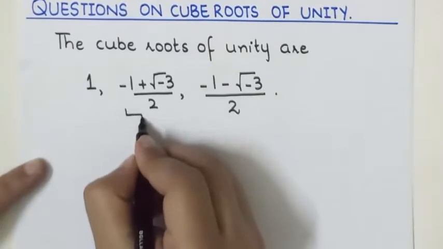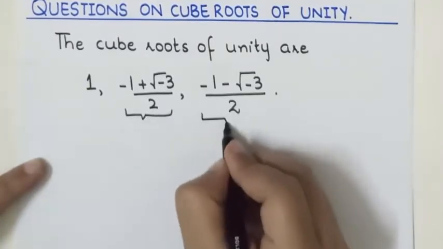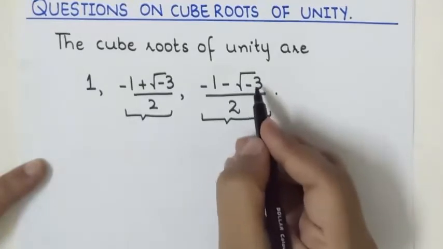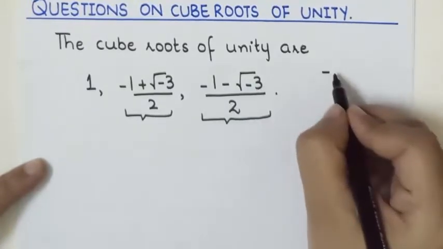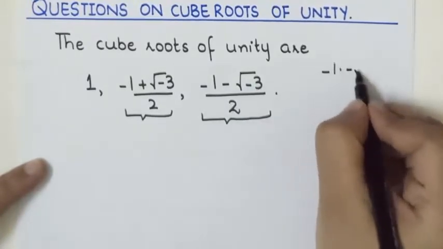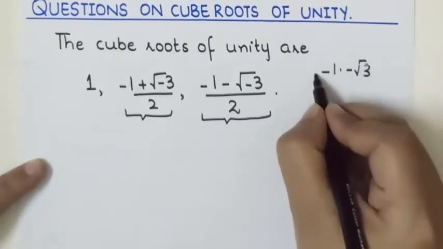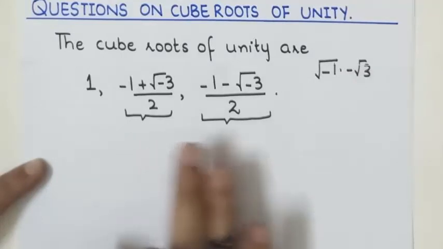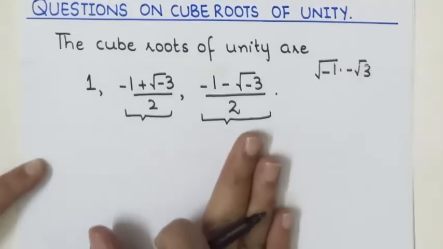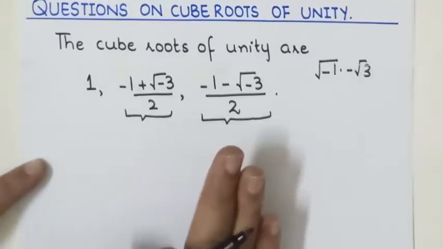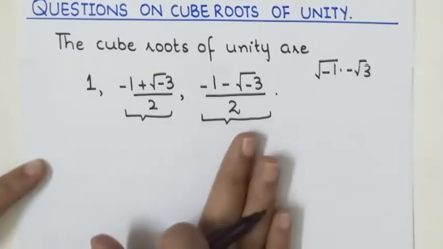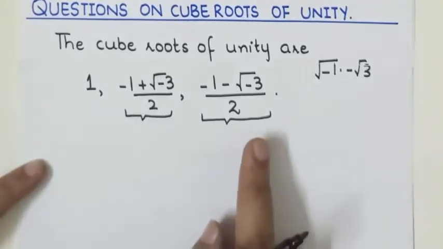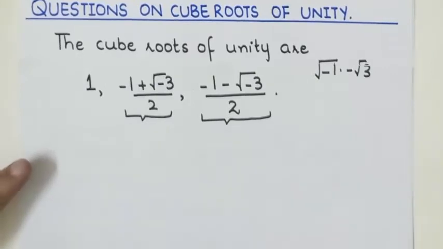Since these two roots have √-3, which contains the square root of minus 1, that is iota. Since these two terms contain iota, they are called the complex cube roots of unity.